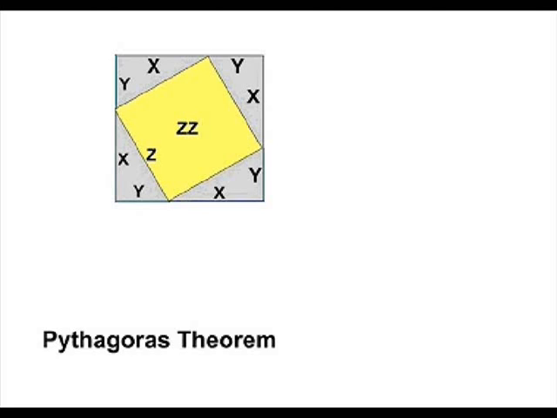Starting with the first one, a right-angled triangle, and I should note the Chinese have a different proof preceding that of Pythagoras, and let's label the two legs next to the right angle x and y, and the hypotenuse, that's the side opposite, what a strange name, we're going to label z.